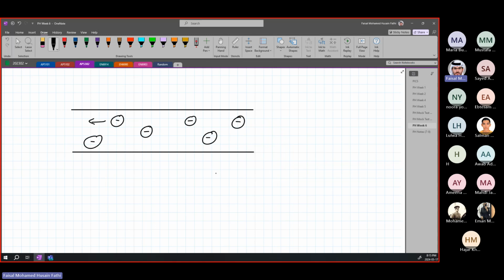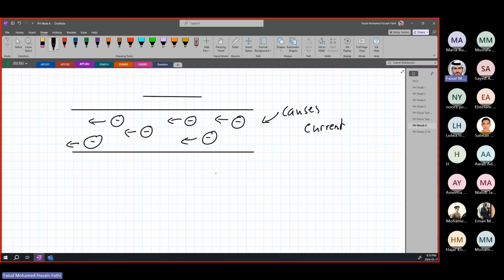So these are flowing in a specific direction, all right? When these are flowing in a specific direction, due to power being provided, this causes a current, all right? This causes a current, and usually the current's direction is opposite to the flow of electrons.